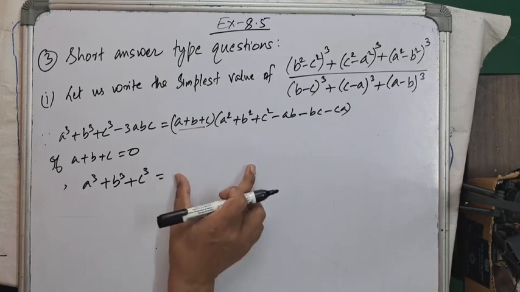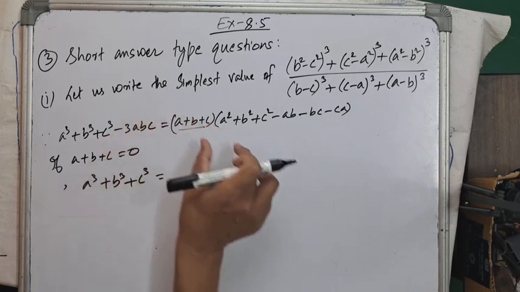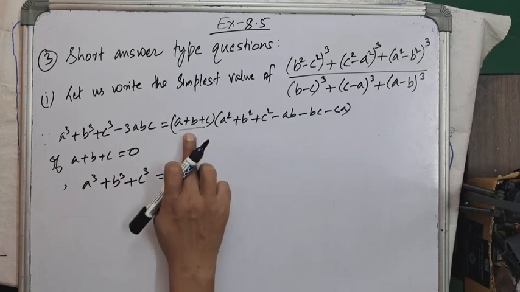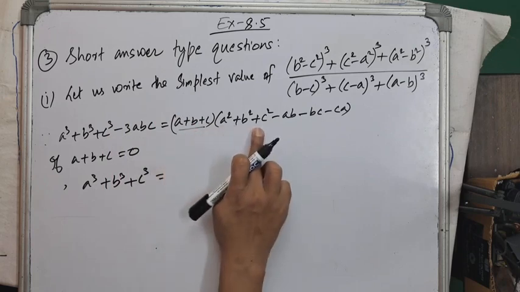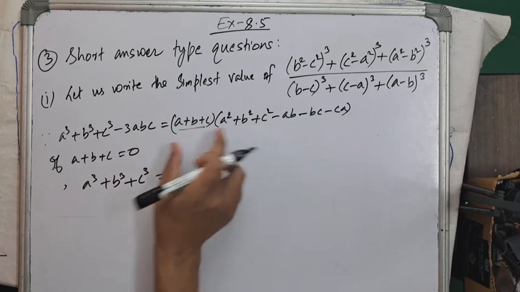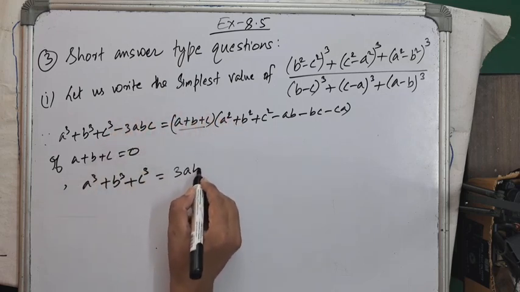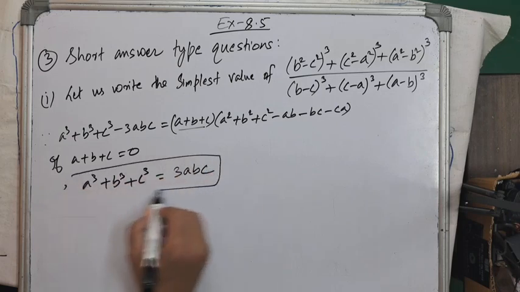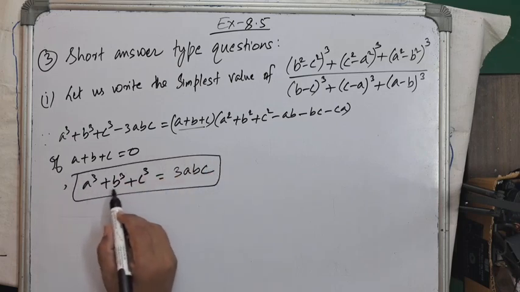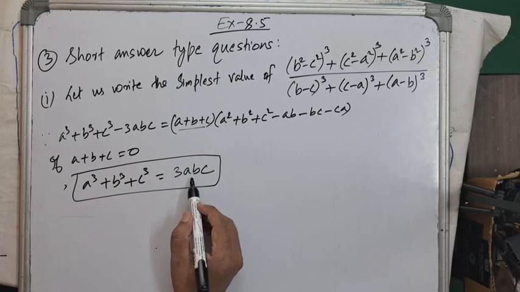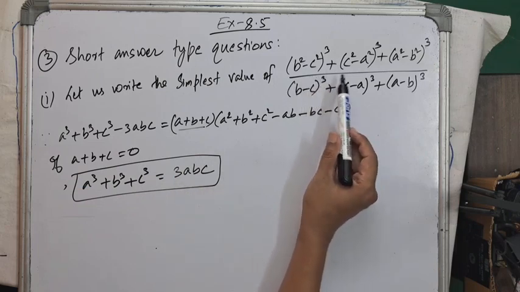So we take −3abc to the right hand side, and it becomes +3abc. So we remember this: if a + b + c is 0, then a³ + b³ + c³ equals 3abc.